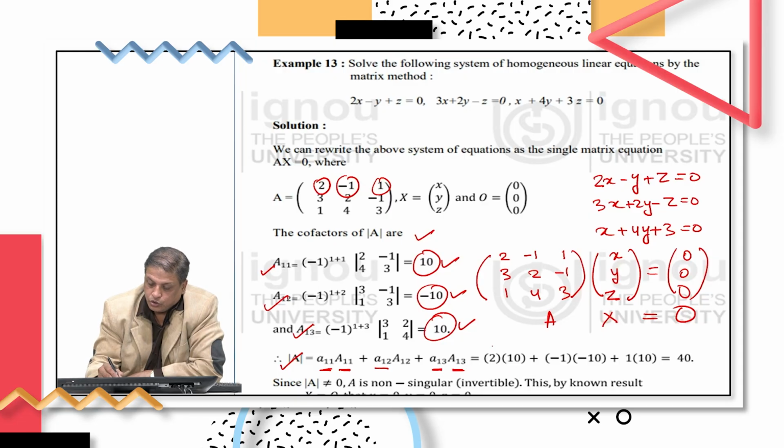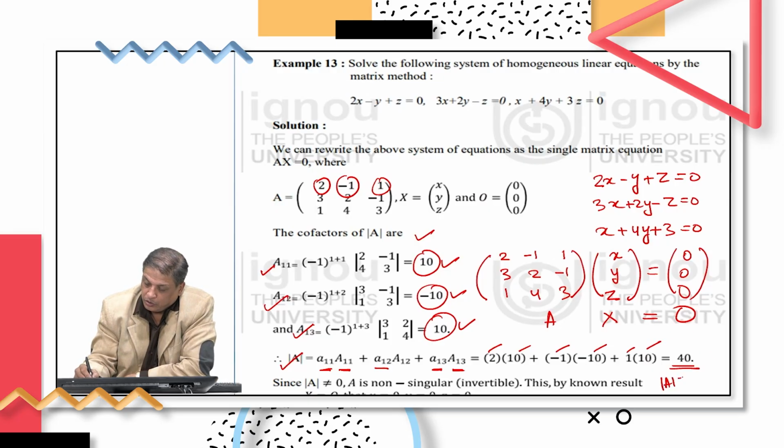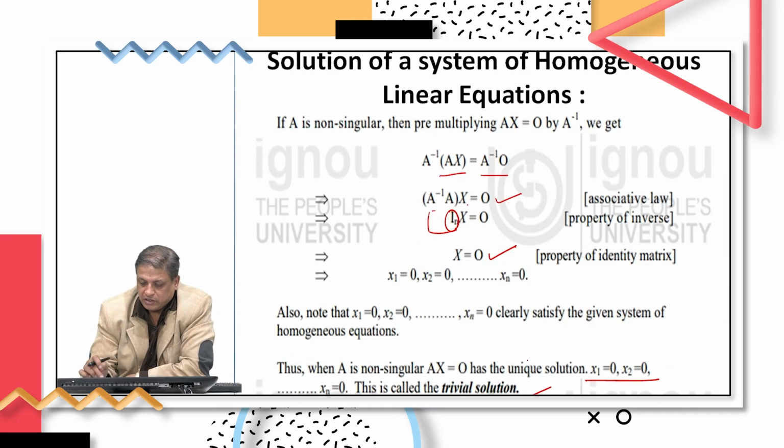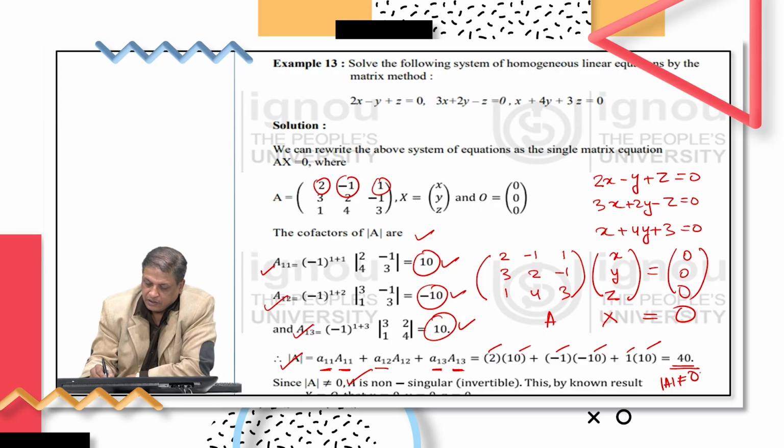So that means 2 into 10 minus 1 into minus 10 plus 1 into 10 turns out to be 40. So that means determinant A is not equal to 0, that means A is invertible, A is non-singular. So because x turns out to be 0, by using this understanding of the trivial solution, we will get that x is equal to 0, y is equal to 0 and z is also equal to 0.